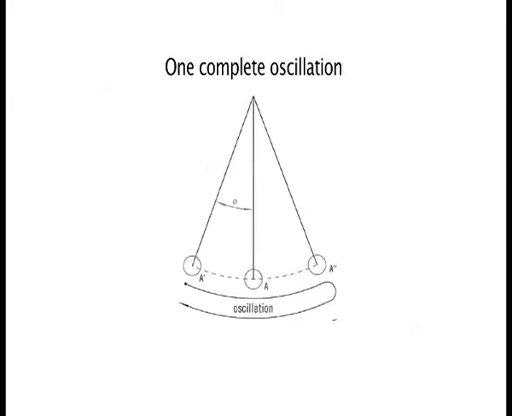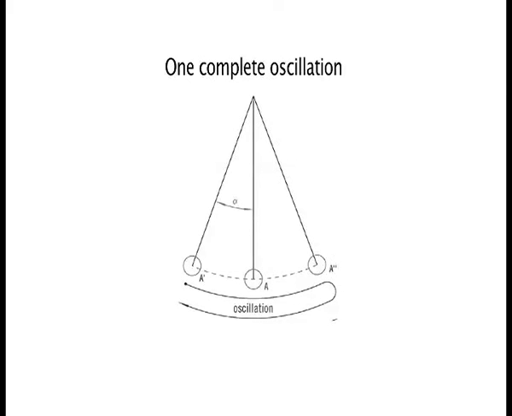Now, as I told you, simple harmonic motion happens to be the beginning of our study of any kind of periodic motion, a motion which has a definite period. So, an oscillator which is moving from one particular extreme to another and then getting back to the original position is said to have completed one oscillation.